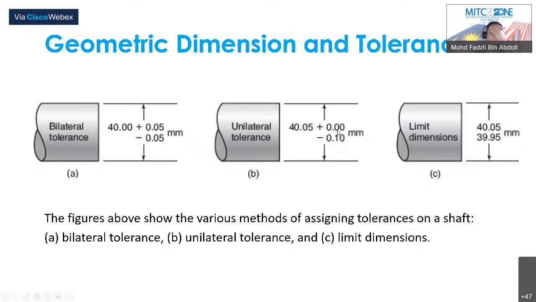Maksudnya yang unilateral ni diambil yang terus maksimum, sama ada dia ambil terus maksimum ataupun minimum. Kalau yang ni diambil nilai terus maksimum, which means the maximum tolerance adalah 0 lah, and then the minimum adalah negative 0.1. But then the value is still the same. The maximum is 40.05 and then the minimum is 39.95.